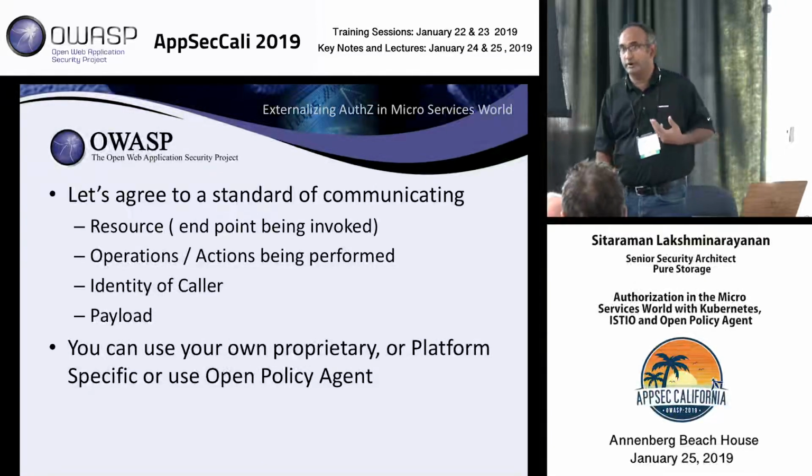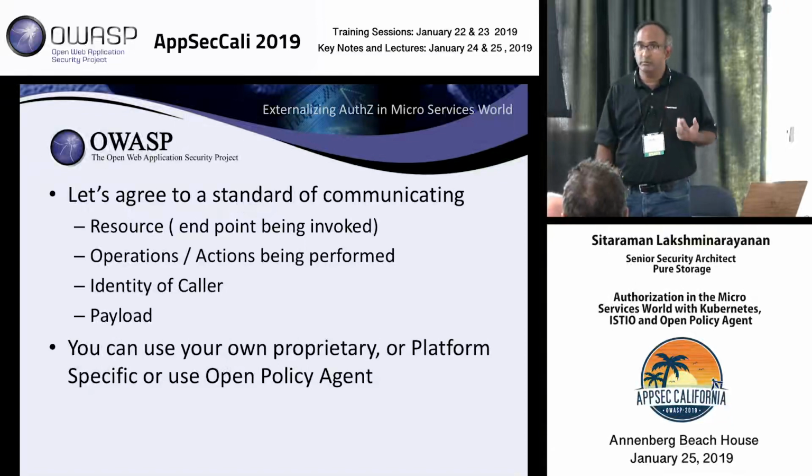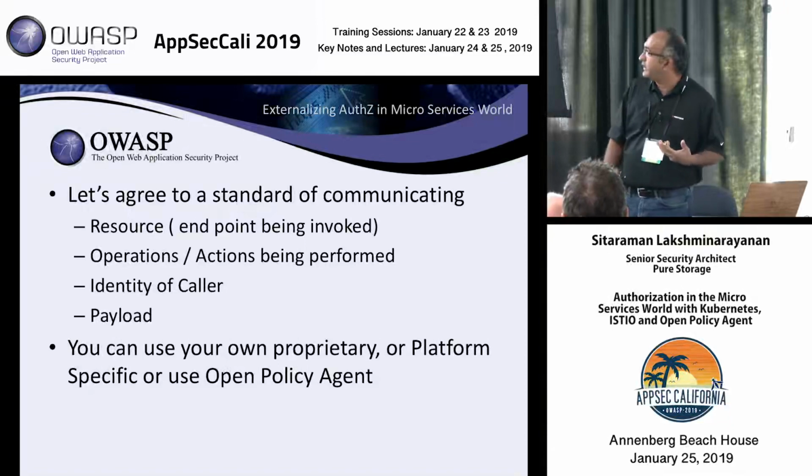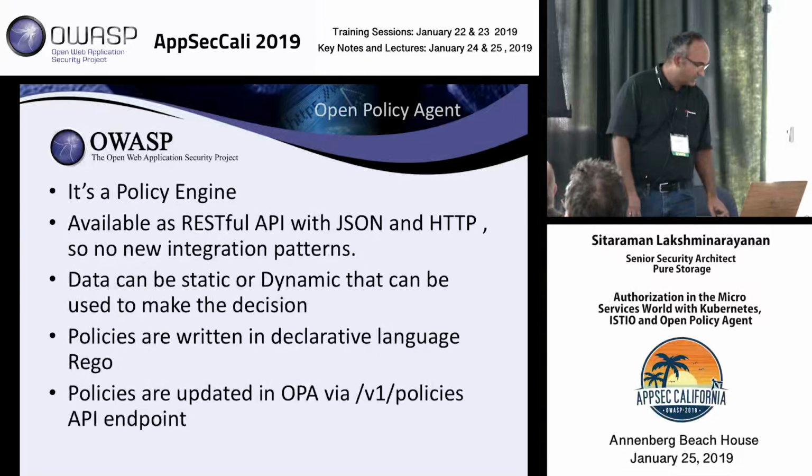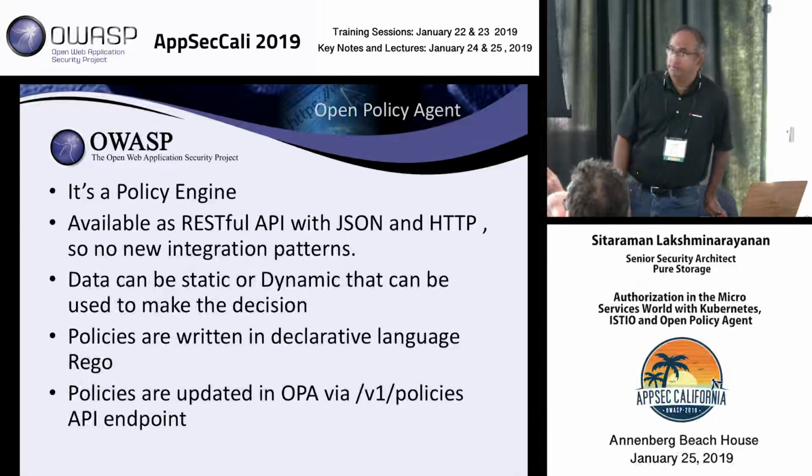Payload is needed if you want to do fine-grained access control, you need to have visibility into what is being requested on the API. Now, if you have all of them, then you can either build your own proprietary thing or you can standardize on something else. So this is where Open Policy Agent comes in, right?